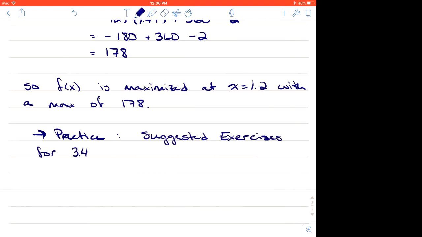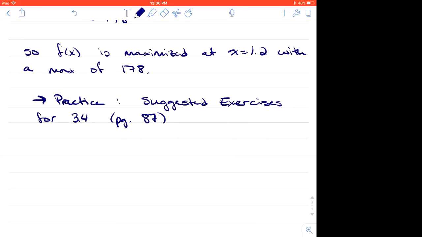For 3.4, on my book, it's on page 87. Okay. It looks a little bit different than what we're used to, but I'll just show you why they're the same.